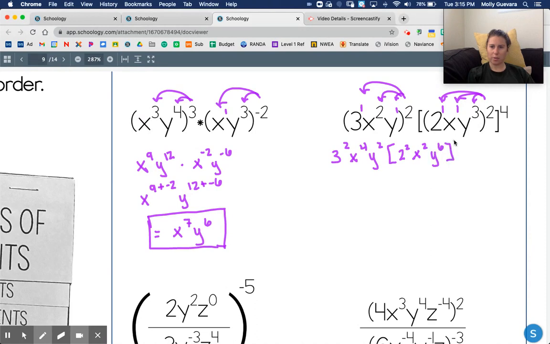And that is still being raised to the 4th power. So now I also have to distribute the 4. So I have 3 squared x to the 4th y squared, that has not changed, times 2 to the, 2 times 4 is 8, so 2 to the 8th, x to the 8th, y to the 24th.